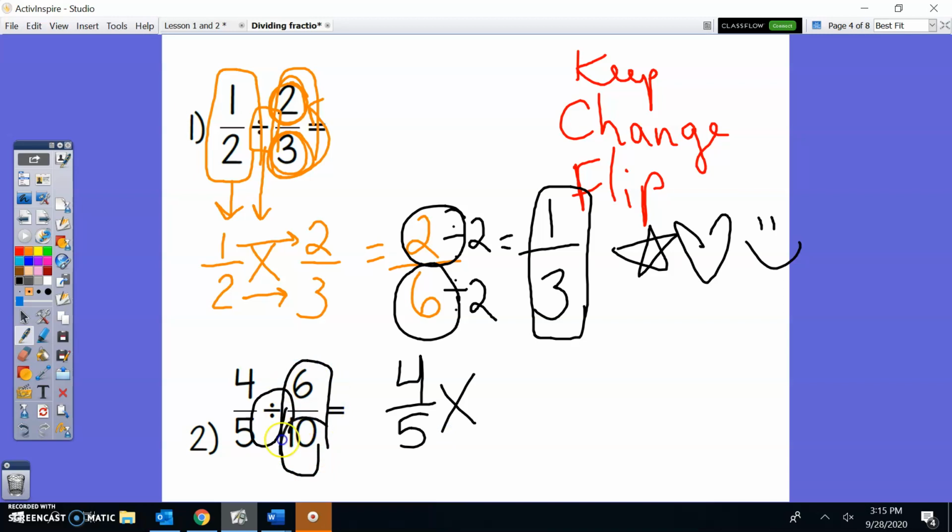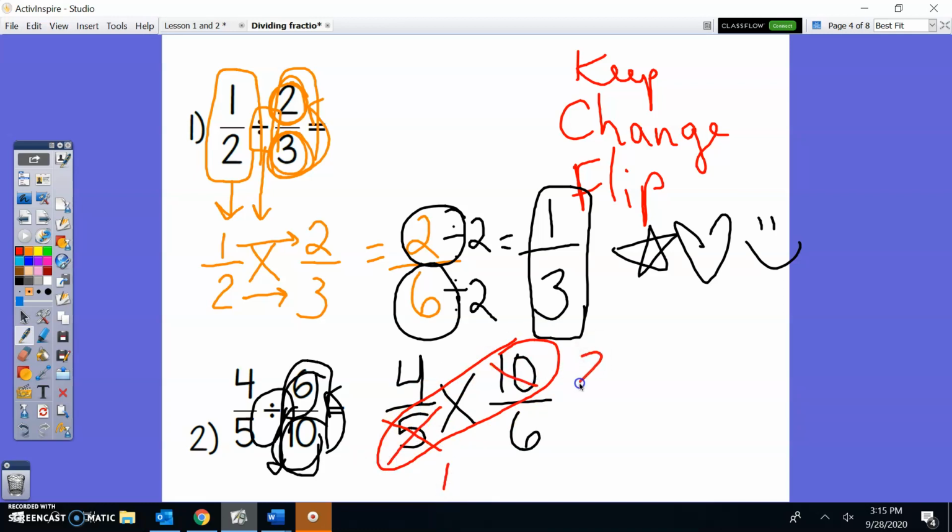I'm going to flip 10, make it my numerator, and 6 becomes my denominator, so it now becomes 10/6. I like to cross cancel, so I'm going to take 10 and 5 and divide each by 5. I'm also going to do cross cancellation with 4 and 6. They can both be divided by 2.